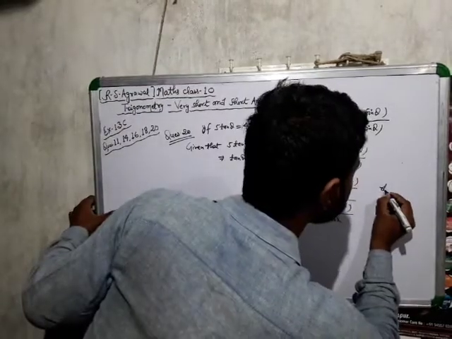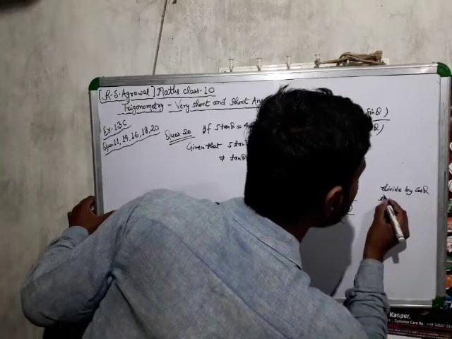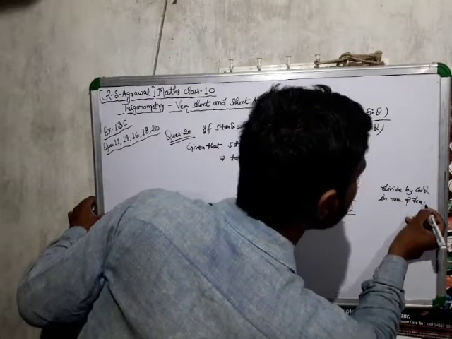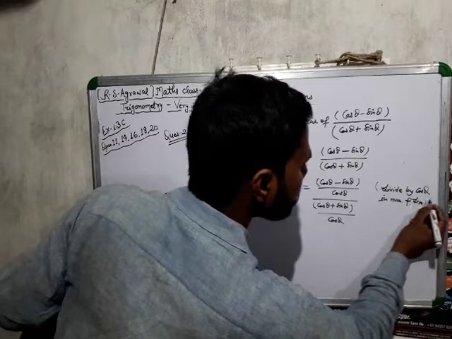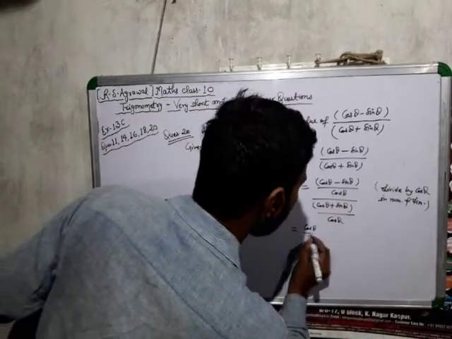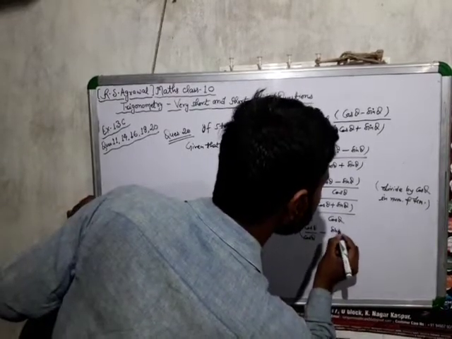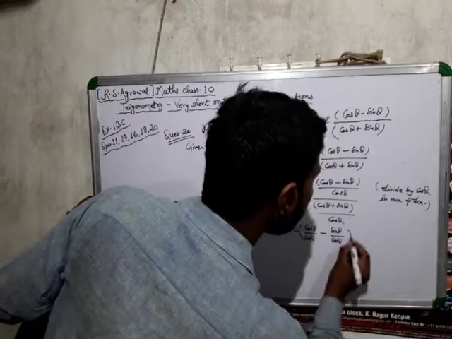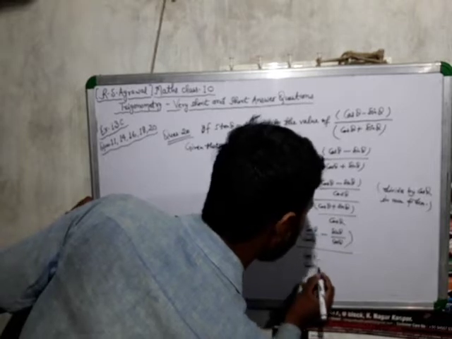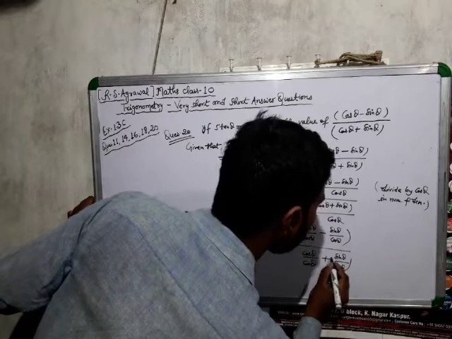Divide by cos theta in numerator and denominator. Clear? It is equal to cos theta by cos theta minus sin theta by cos theta, divided by cos theta by cos theta plus sin theta by cos theta.